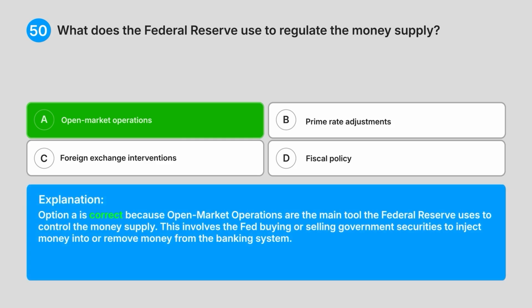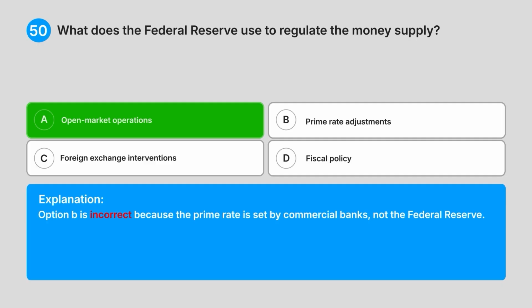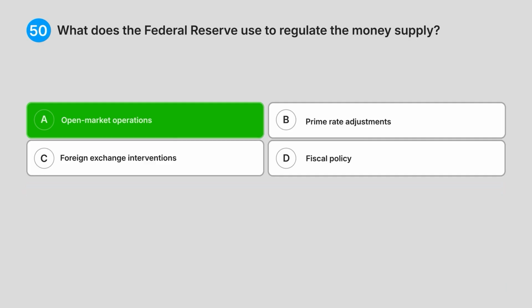Explanation: option A is correct because open market operations are the main tool the Federal Reserve uses to control the money supply. This involves the Fed buying or selling government securities to inject money into or remove money from the banking system. Option B is incorrect because the prime rate is set by commercial banks, not the Federal Reserve.